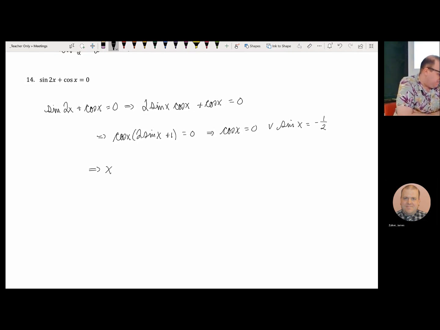Where's cosine equal to 0? Where else? Where is sine equal to negative 1/2?